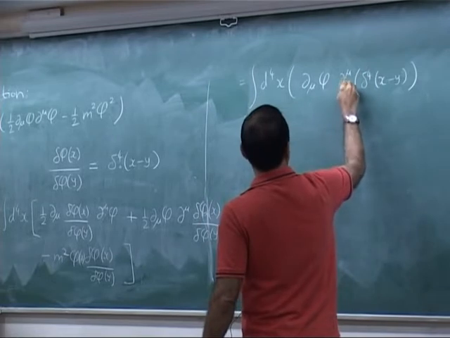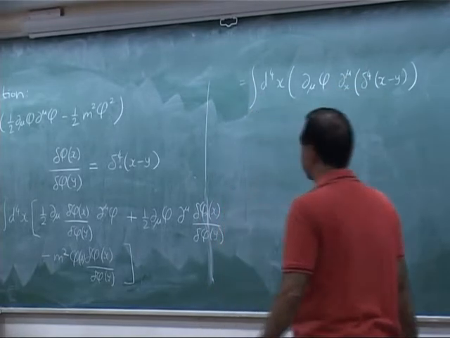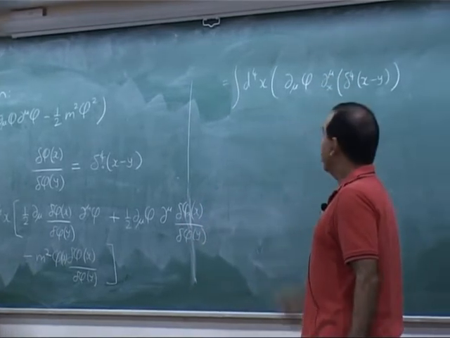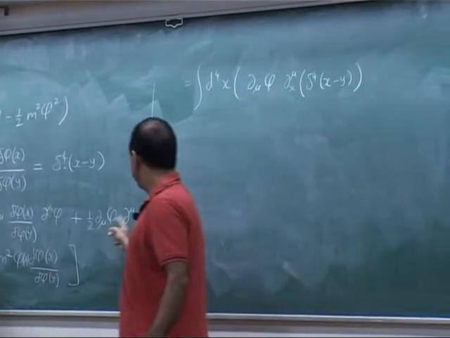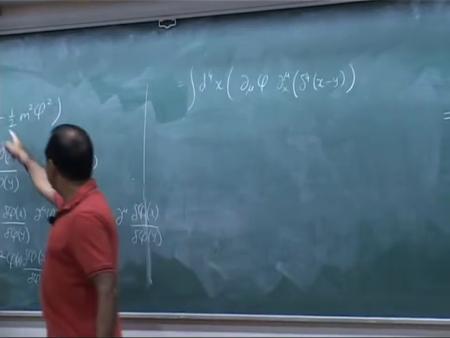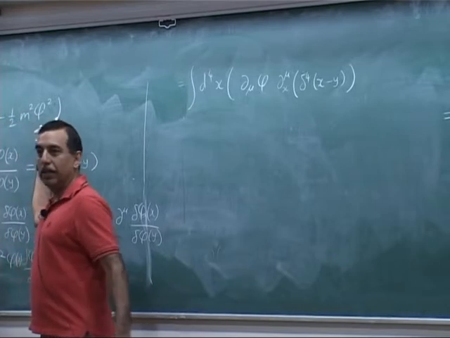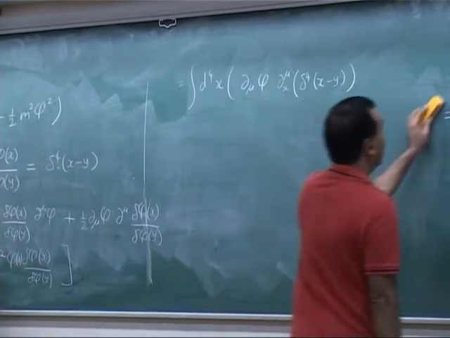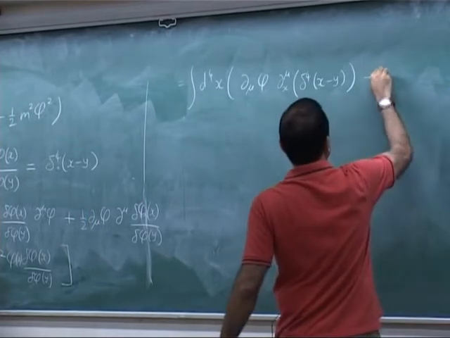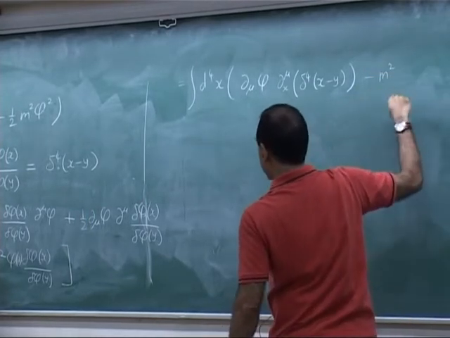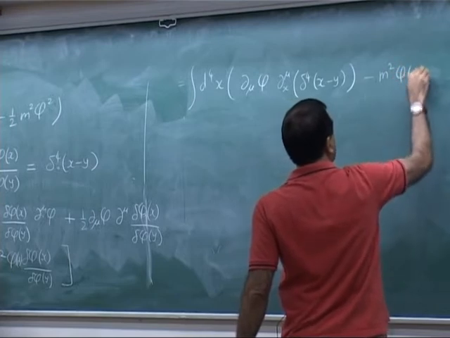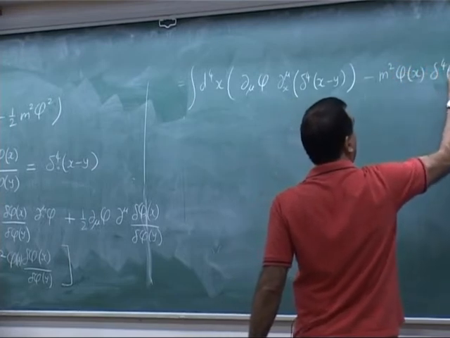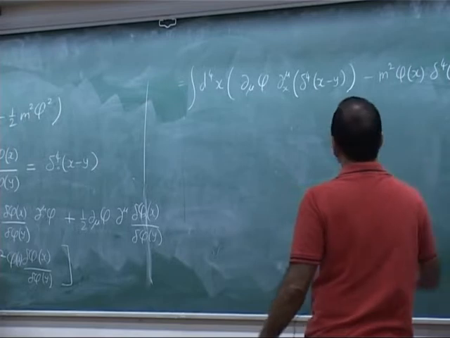Now, to avoid confusion, I put a little subscript x on this derivative. This was the derivative in x, because it started life that way. Everything here is in x. And minus m squared phi of x delta four of x minus y.